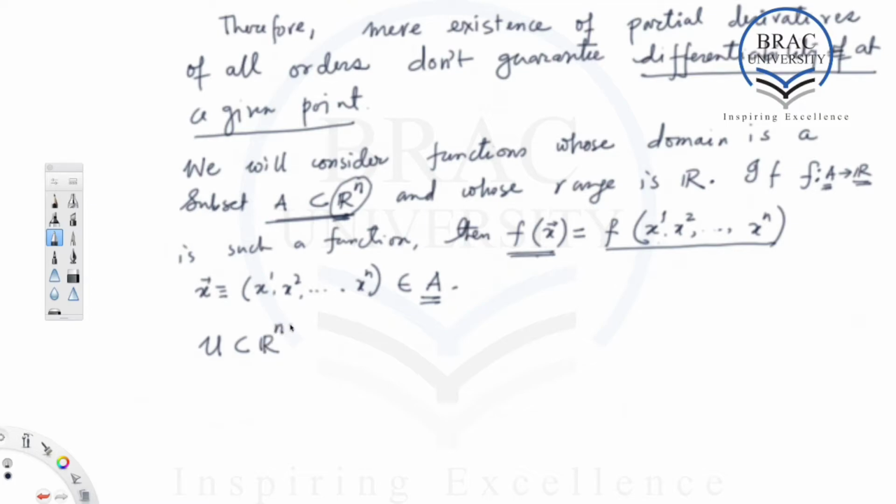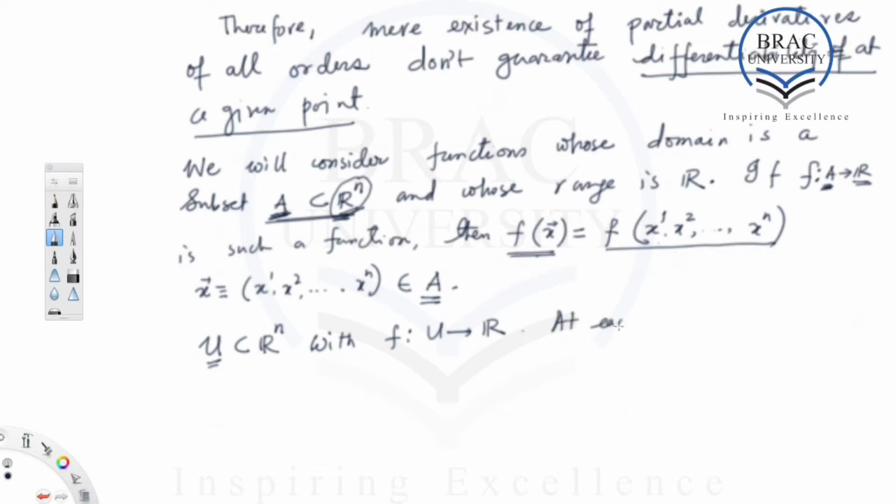So we just replace the arbitrary subset of the Euclidean space with an open set U, with f now being a function from U to R.